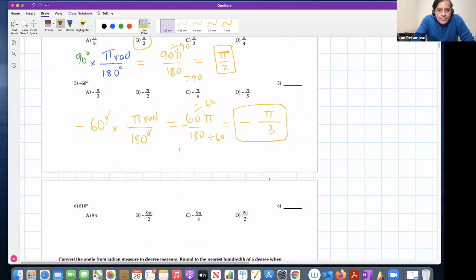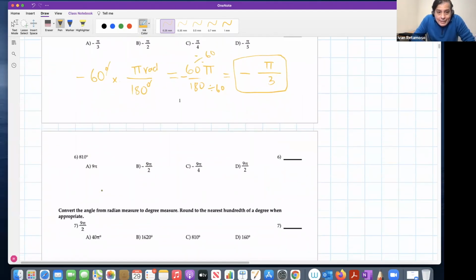Great. Now they want you to do the same with 810 degrees. This is not in the unit circle, right? It's a general angle, but the method you follow should be the same. 180 degrees here, pi radians on the top. Eliminating the degrees, you get 810 over 180 pi. I don't have to write radians anymore. Now simplify.